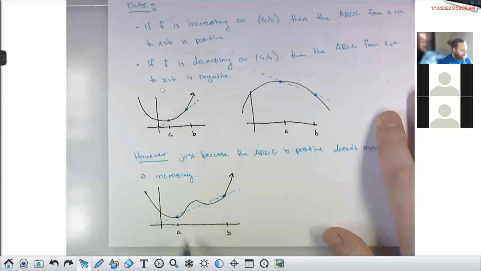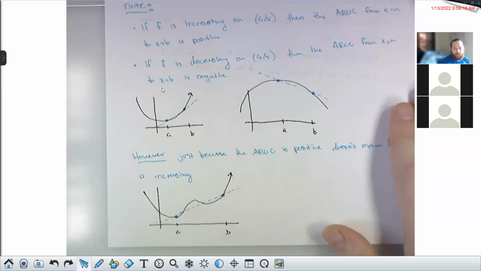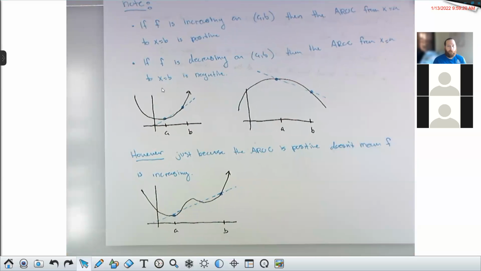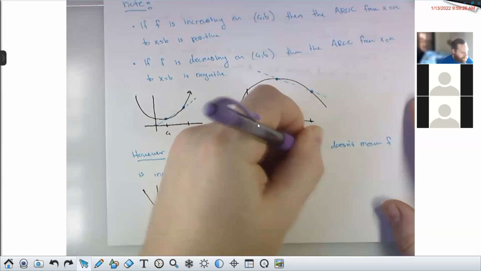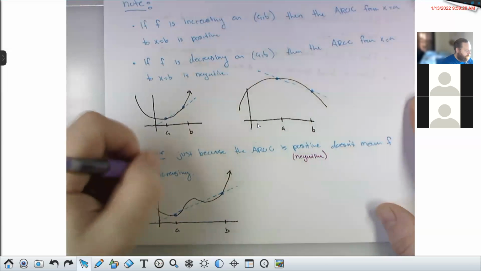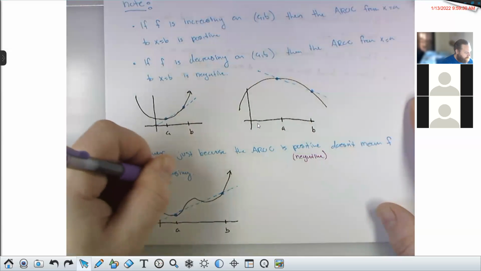But we're not increasing everywhere from A to B. We're increasing, decreasing, increasing. It just means we did more increasing than decreasing. And you can replace the word positive here with negative. And the word increasing here with decreasing.